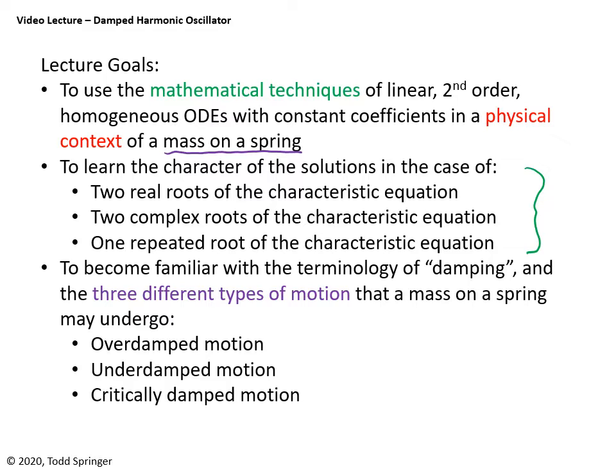Those three cases will have physical interpretations as well with a mass on a spring. We call them overdamped, underdamped, and critically damped. The main take-home that I want to get through in this lecture is recognizing that those three cases are related to three physical cases of what's going on with the mass on the spring.